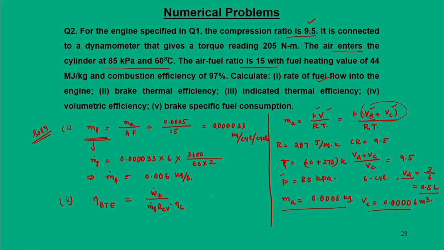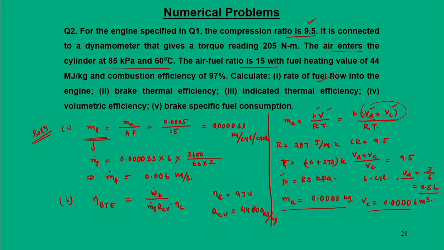Combustion efficiency is 97%, Q CV is 44 megajoule, or 44,000 kilojoule per kg.